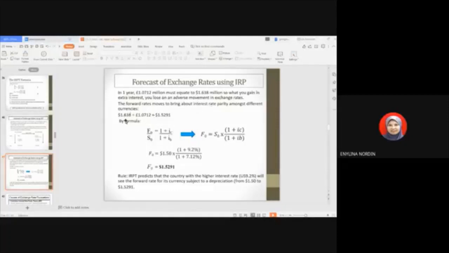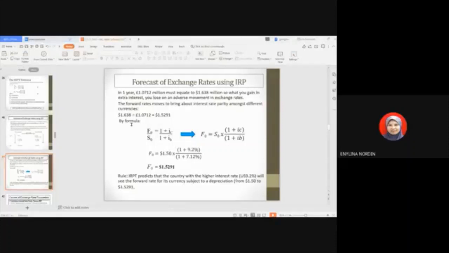That means 1.638 million dollars divided by 1.0712 million pounds. The exchange rate, dollar per pound, equals 1.5291 dollar per pound. Okay, so this is the method without applying the IRPT.